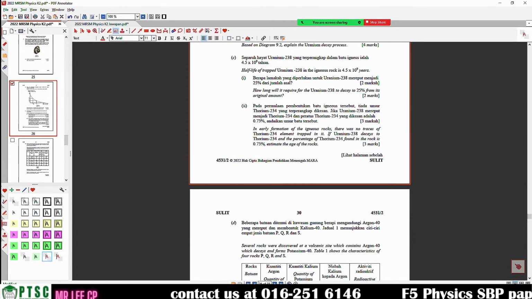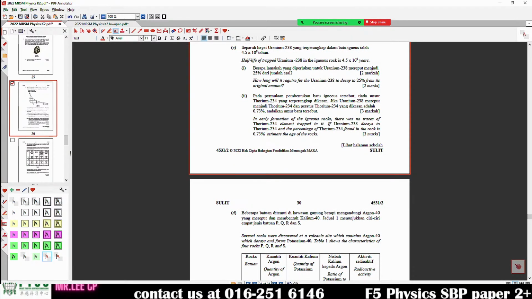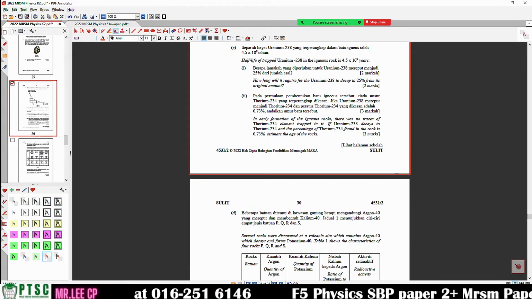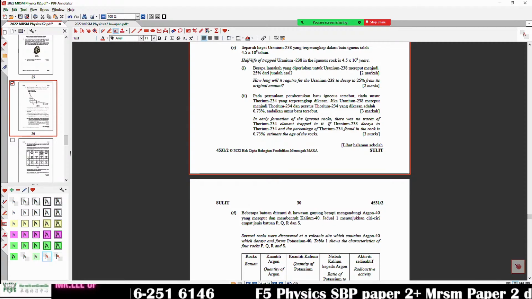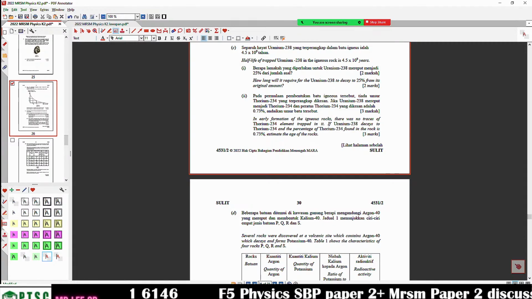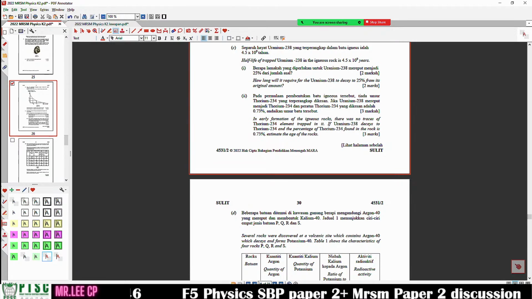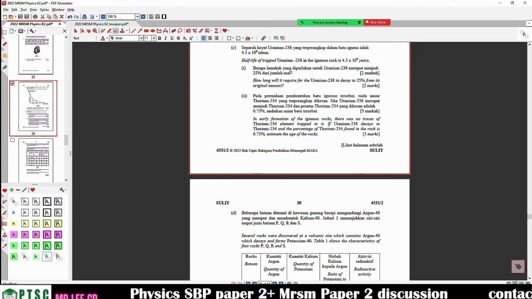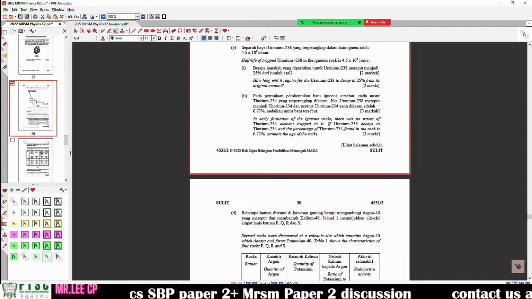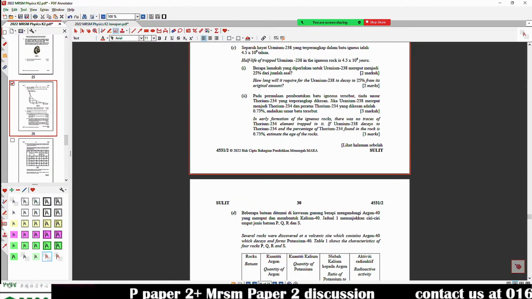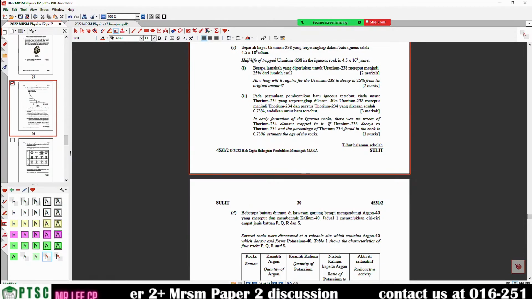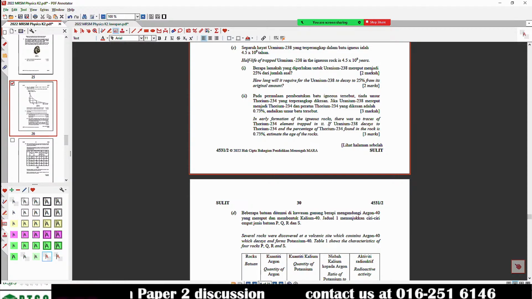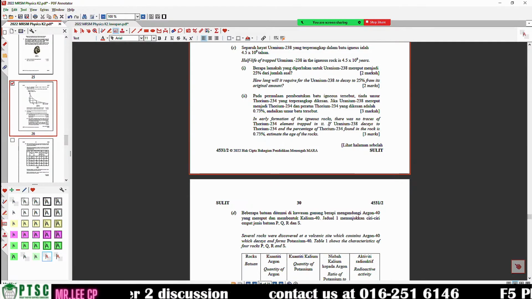Next one. In early formation of the igneous rock, there was no trace of the thorium-234 element trapped in it. If the uranium-238 decays to thorium-234 and the percentage of thorium-234 found in the rock is 0.73, estimate the age of the rock.